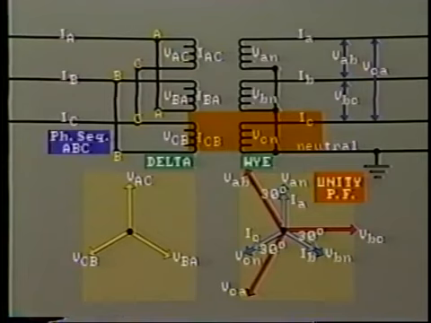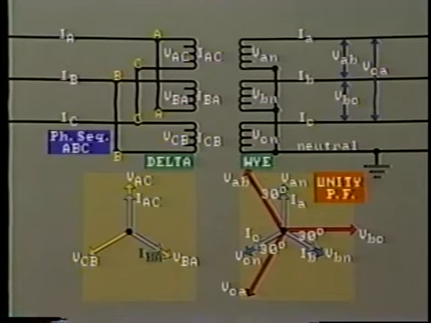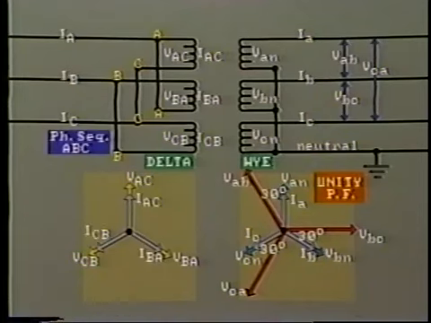And likewise, ICB is in phase with IC. Therefore, IAC is drawn on the phasor diagram in phase with IA, and IBA is drawn in phase with IB. Similarly, ICB is drawn in phase with IC.